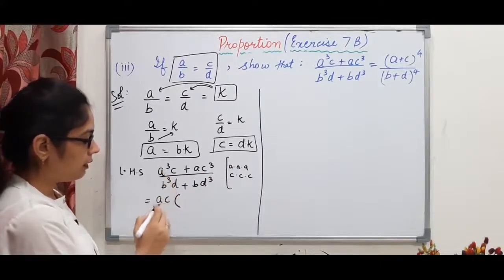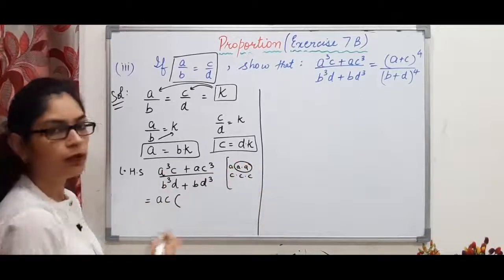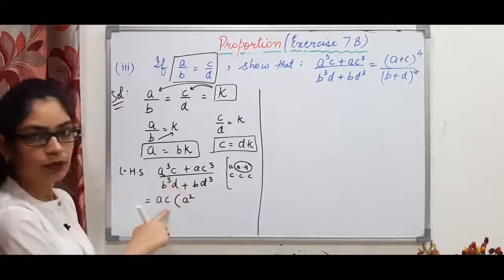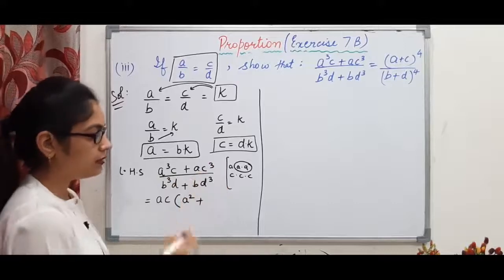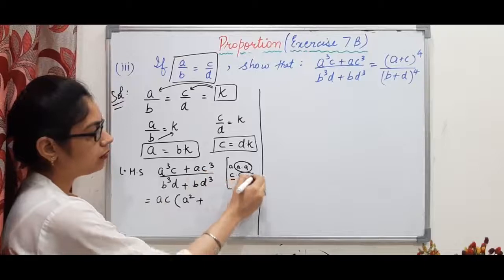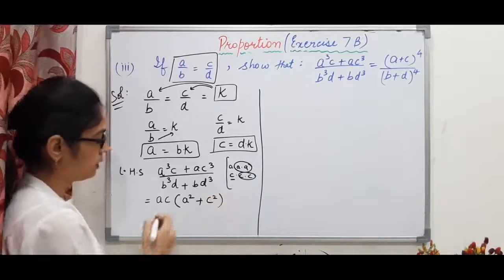One A taken out, the remaining two A's make A square. Plus AC again, one C and one A taken out, so the two C's remaining make C square.